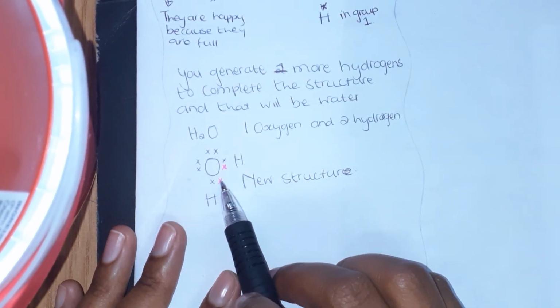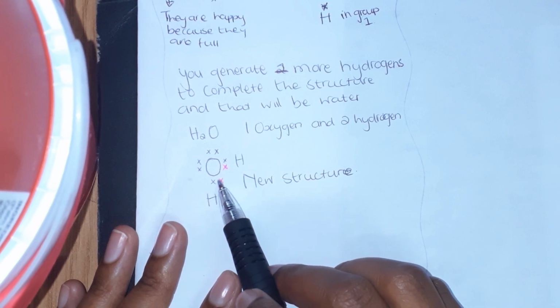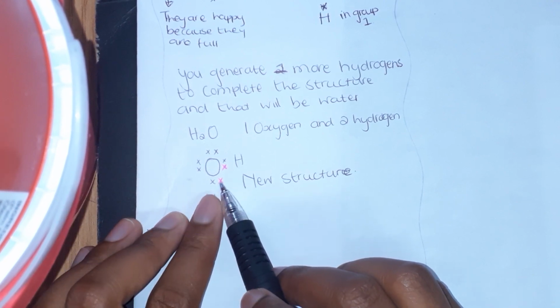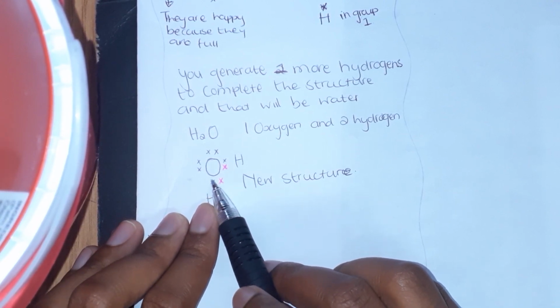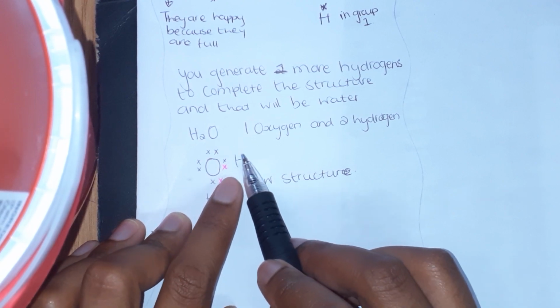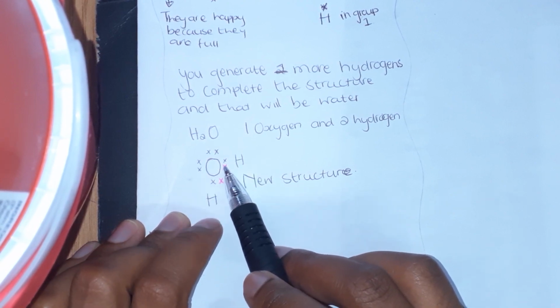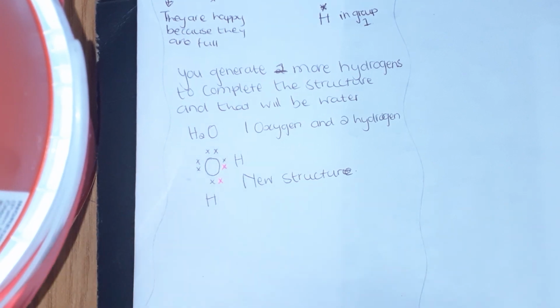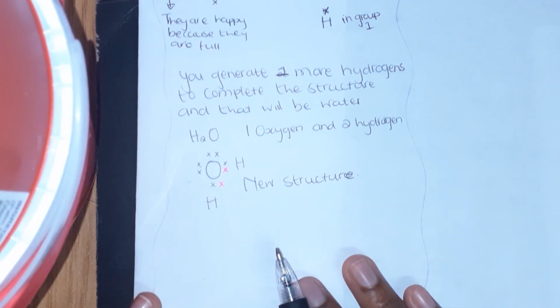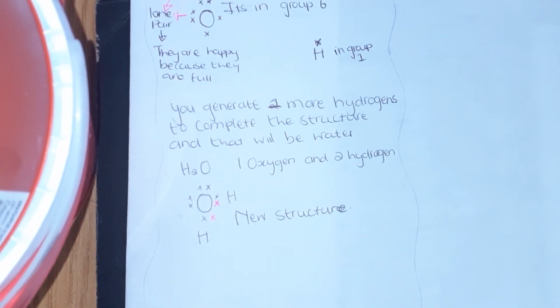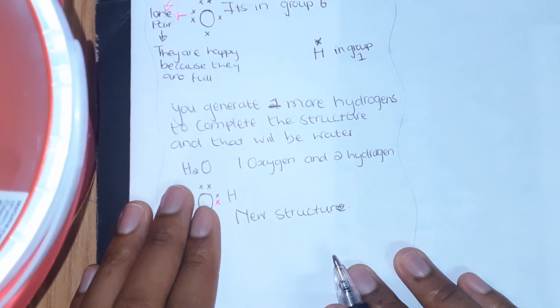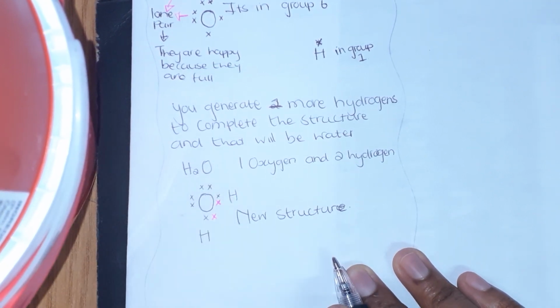Now this is the new structure. This is the hydrogen that we had. It has bonded with the oxygen, and another one that we've just created is bonding with this one. This oxygen is fully surrounded, and we have what we call H2O: 2 hydrogens and 1 oxygen. We have created a bond.